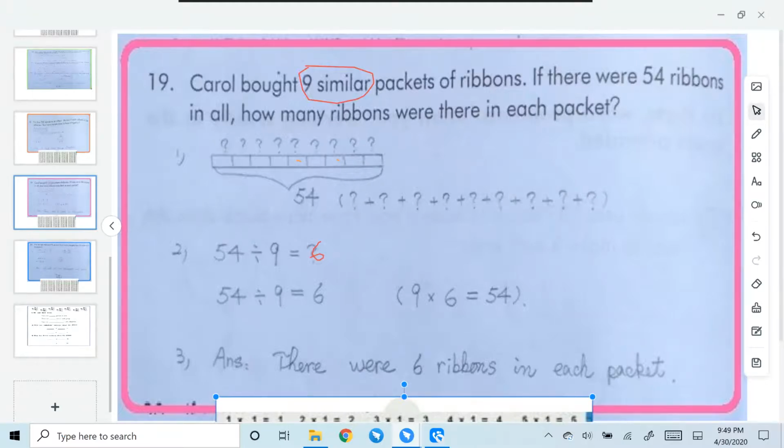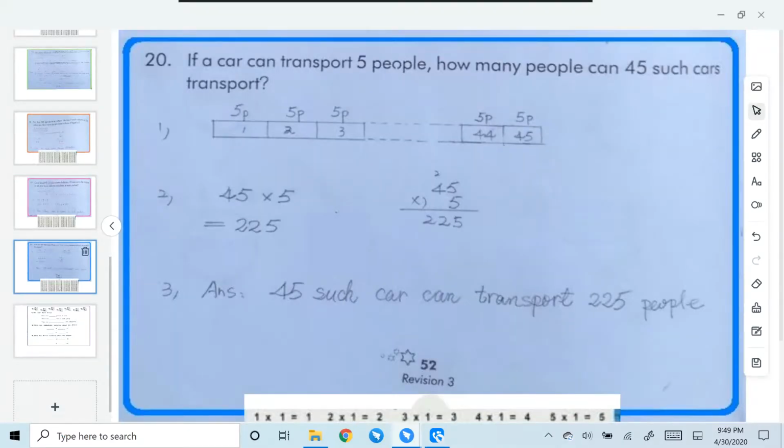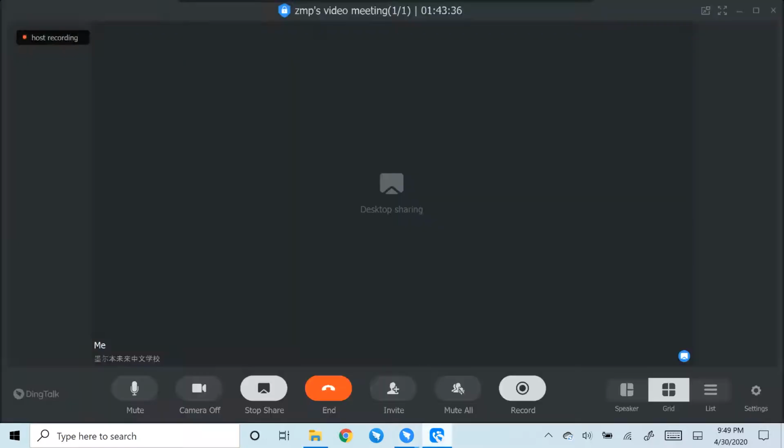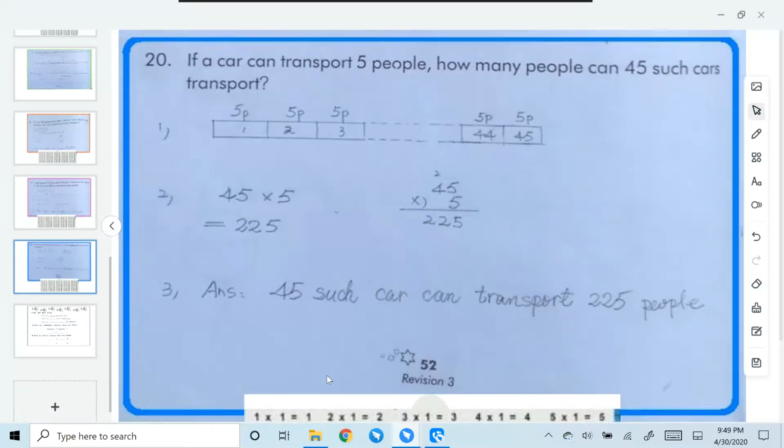Now let's do question number 20, the last question. If a car can transport 5 people, how many people can 45 such cars transport? First let's draw a diagram. We have 45 such cars.